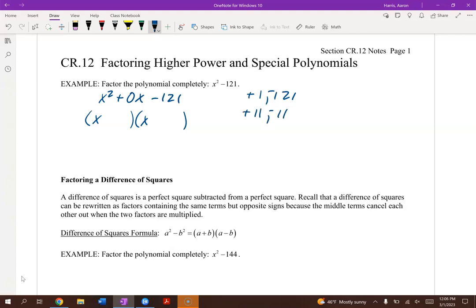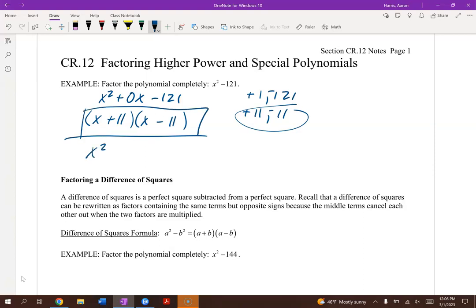Right, one's positive, one's a negative. But their difference has to be 0, right? So, of course, we're going to pick the 11 and the minus 11, right? And then we check that. So that's x squared minus 11x plus 11x minus 121. Those cancel, and sure enough, it leaves us with x squared minus 121.